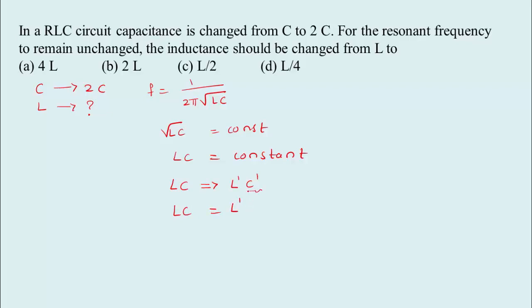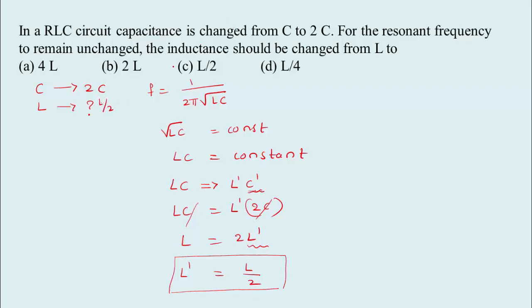In place of C dash we can write 2C. So here C will get cancelled, so we get L equal to 2 L dash. We want the new inductor value L dash equal to L divided by 2. So this is the inductance value which changes from L to L by 2.